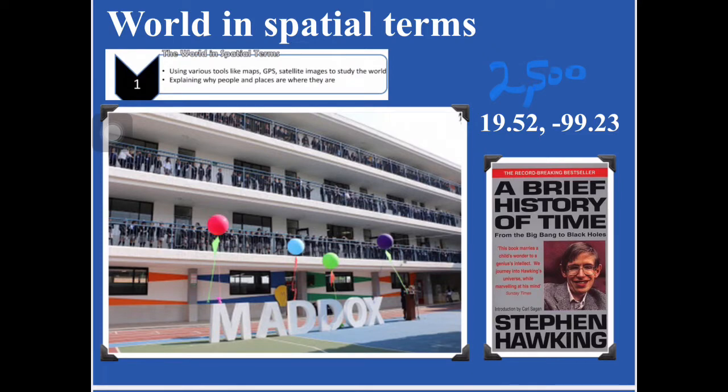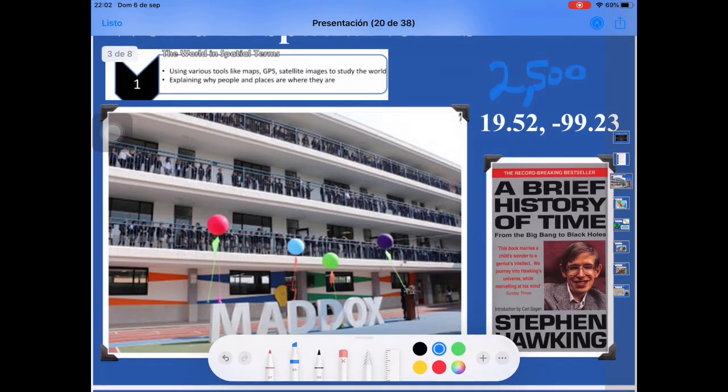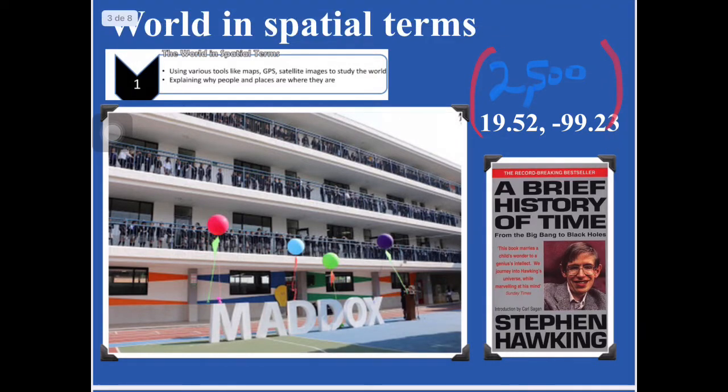sea level." So he's saying something very interesting here, because if you remember, absolute location is precisely about coordinates. So this is what he's saying: certain latitude and longitude and certain height above the sea level. But previously he's using another type of location, right? He's using coordinates, but he's not using latitude and longitude.